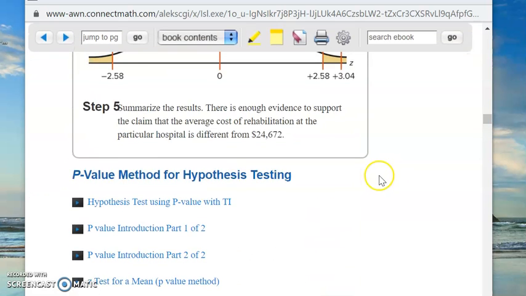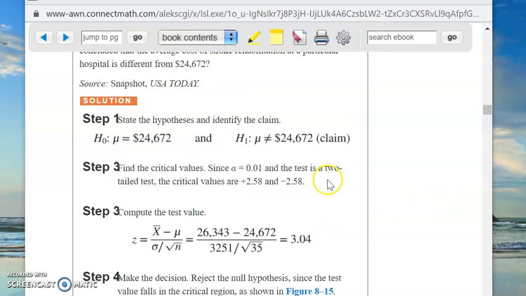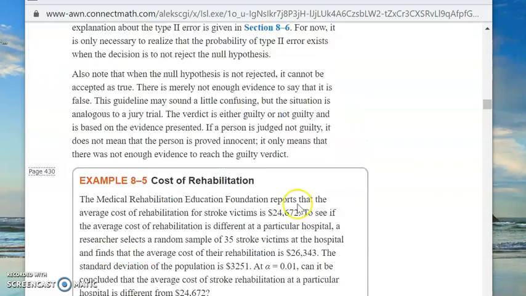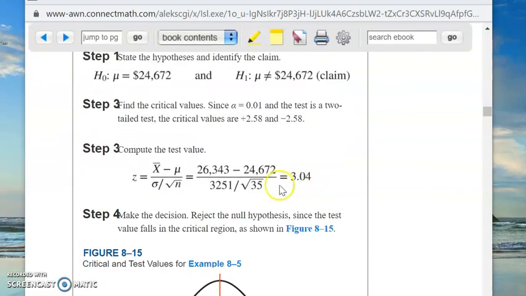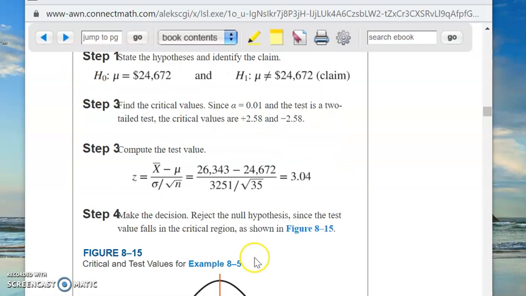Maybe you're talking about the probability of getting this one right here, the X bar, the one we just did with the stroke victims and the costs, okay? The X bar was 26,343.